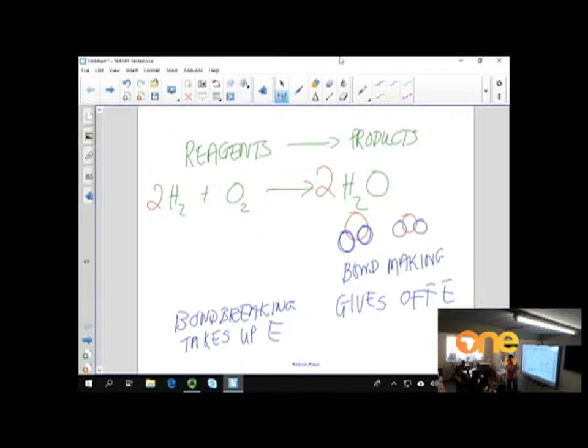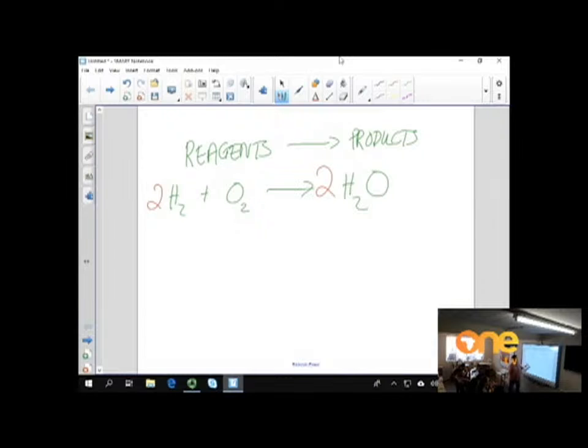And if it's an endothermic reaction, then we require more energy to break the bonds than we get from bond making. Do you follow? Okay. So that's just on the bonding. If we go and have a look at this, we can see now the elements or the atoms of the elements or compounds on the left-hand side is equal to that on the right-hand side.